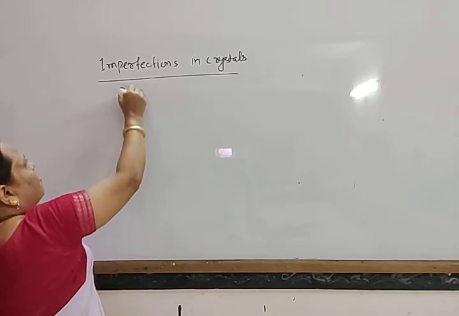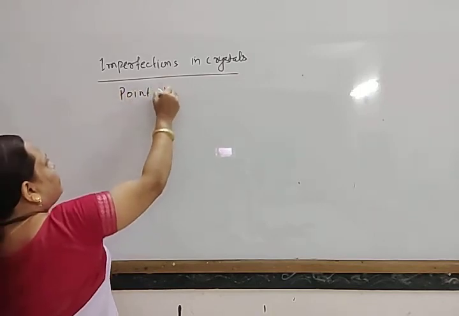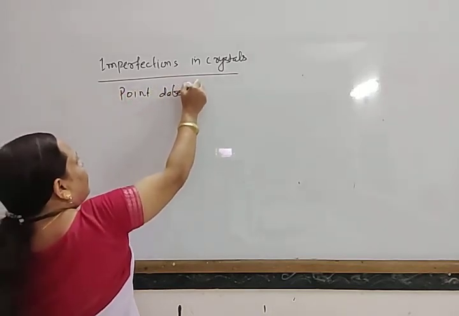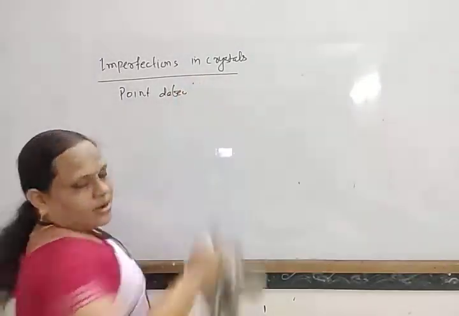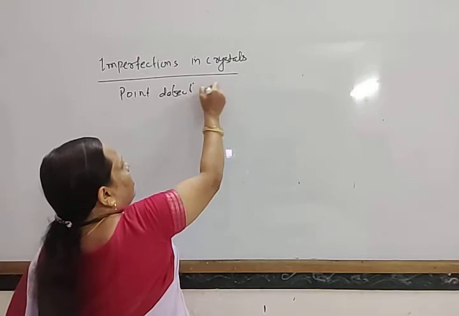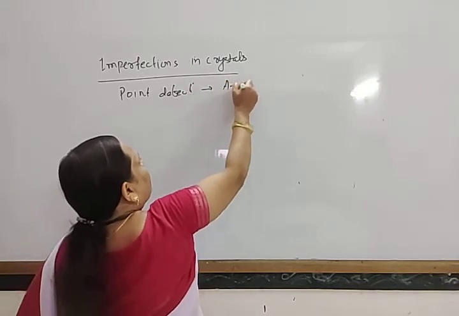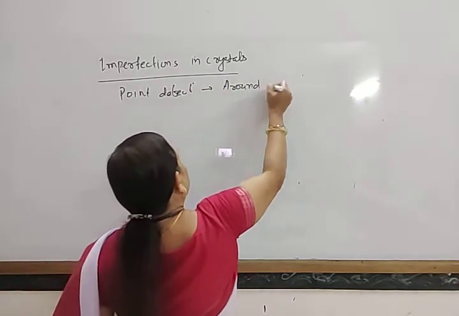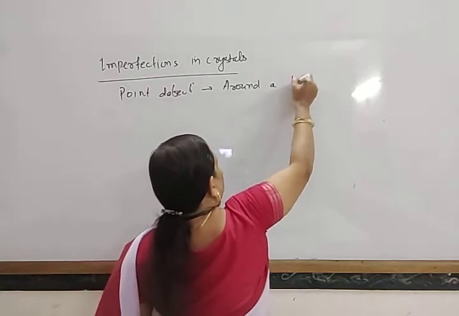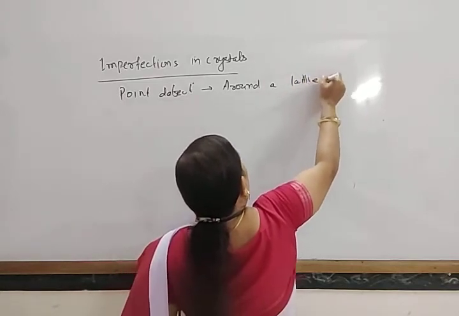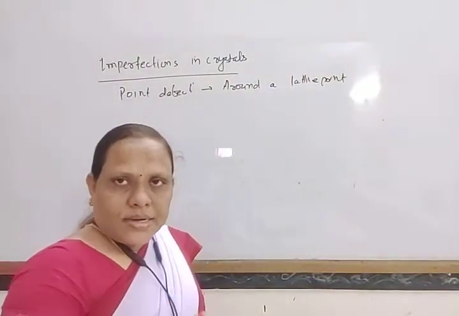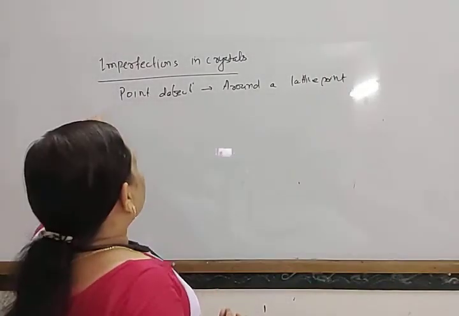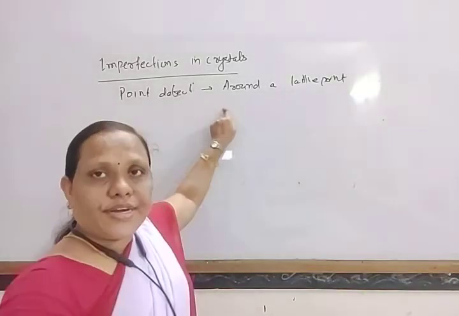So when a defect arises around a lattice point, that is, around a constituent particle, which may be an atom or ion, that type of defect is called point defect.